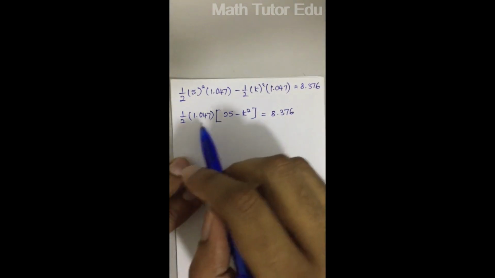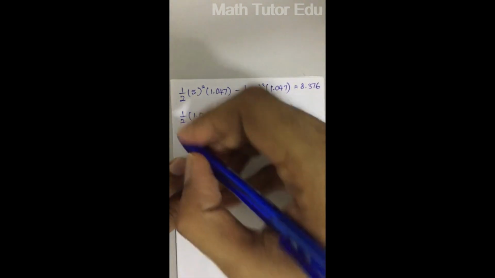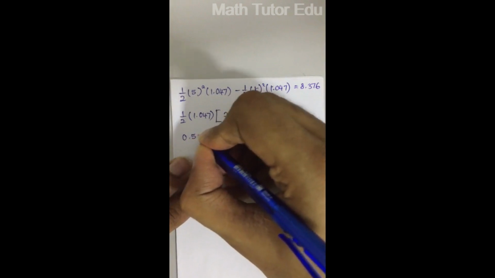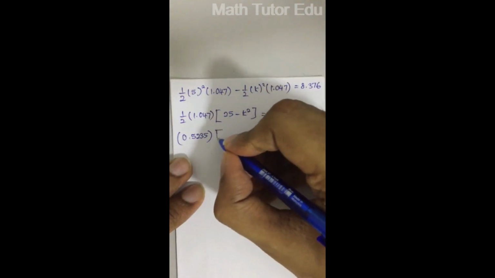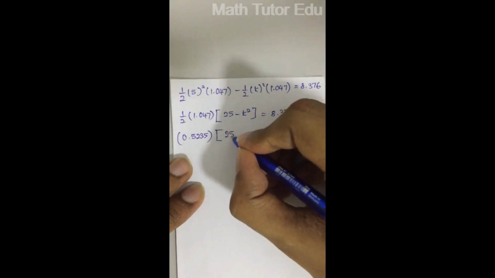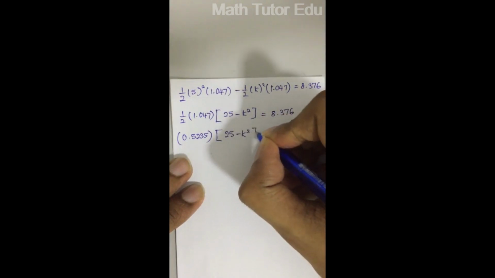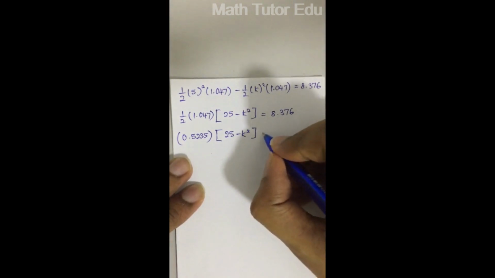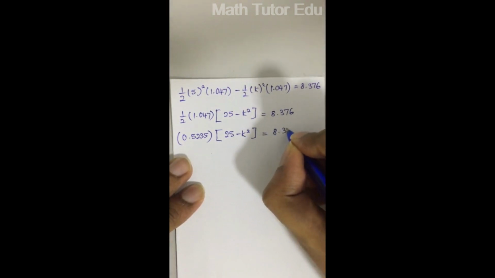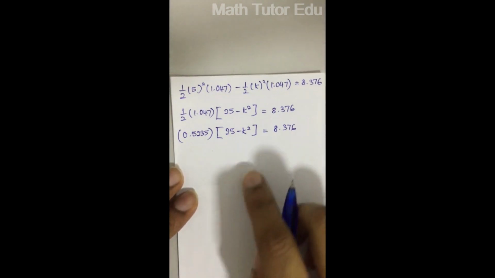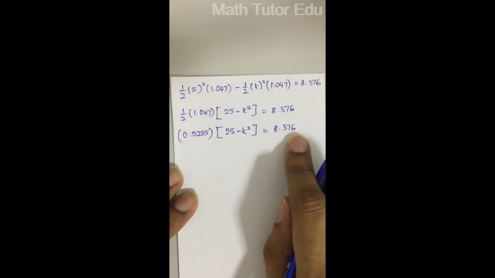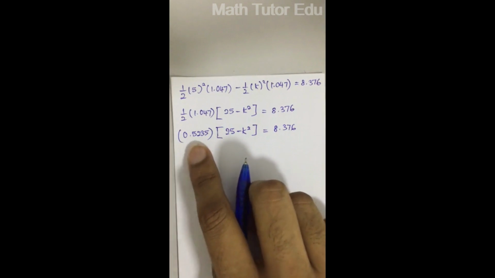So half times with 1.047, so from here you get 0.5235, close bracket, times with the square bracket, 25 minus k square, close square bracket, equals to 8.376. So from here 8.376 we're going to divide with 0.5235.